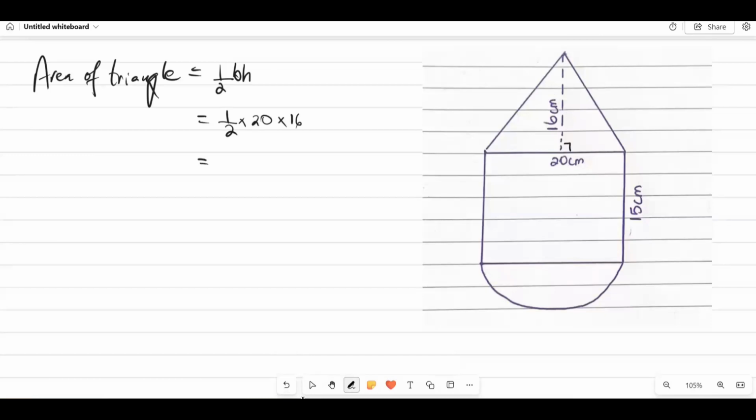All we're going to do is multiply these numbers. So it's a half times 20 times 16, and that's 160. So we have 160 square centimeters for that. Let's take a look at the area of the rectangle.